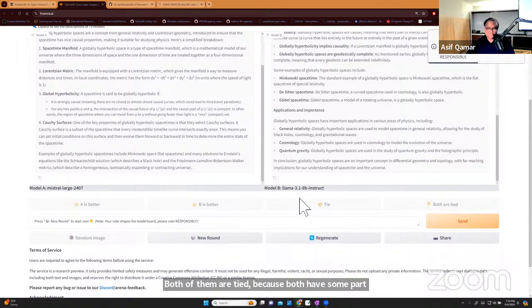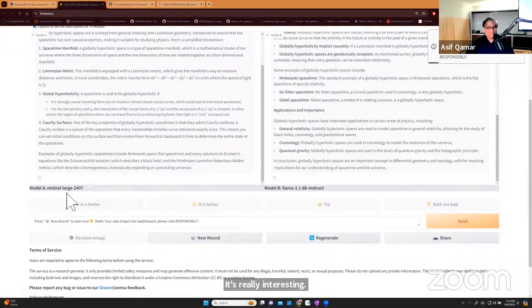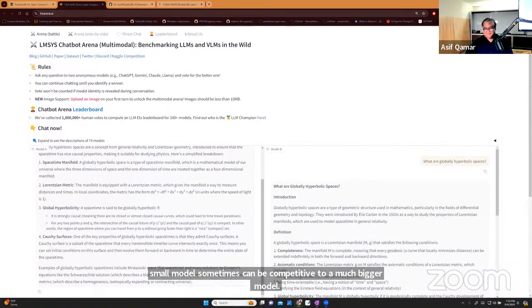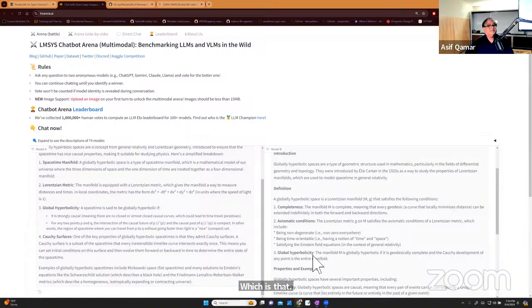It's really interesting that a Llama 3.1, just an 8 billion parameter model, is competing with a Mistral Large. Right? So do you see, guys, what happened? A small model sometimes can be competitive to a much bigger model. Isn't it? In fact, I like this answer in many ways much better because it spoke to one most profound fact, which is that if the space is not globally hyperbolic, causality will get violated.